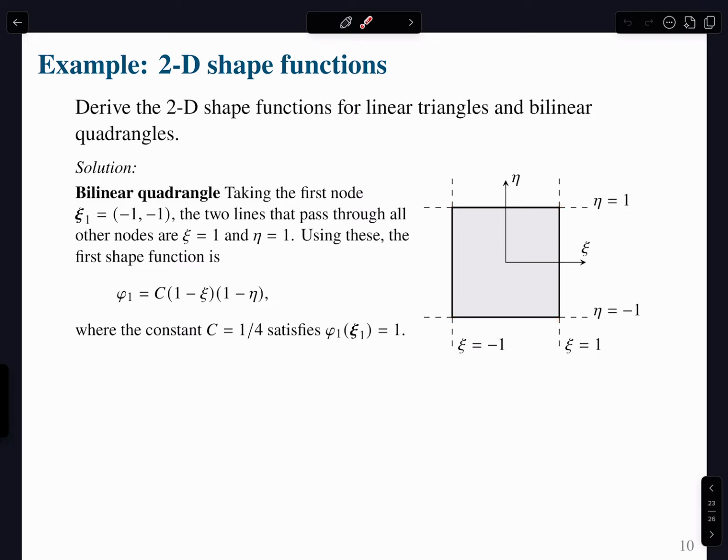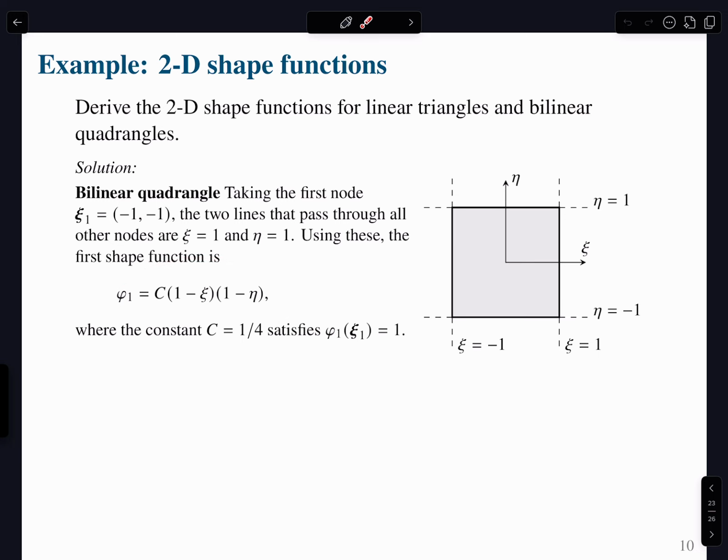And so now, if I want to come up with the shape function, this one here, then I have to look at lines that go through the other 3 nodes. So I have to look at this line here and this line here, right? That's why for the first function, if I take xi minus 1 and I take this line, 1 minus eta, then I get this term here.